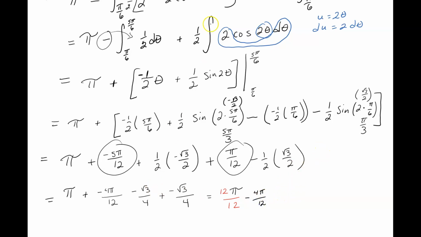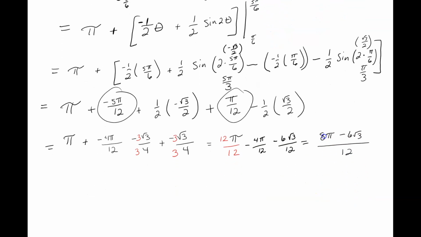And then this right over here has to get multiplied by 3 over 3, which gives me a negative 6 square root of 3 over 12. Now we have a common denominator and we can combine like terms. 12 pi minus 4 pi is 8 pi, minus 6 square root of 3, all divided by 12.